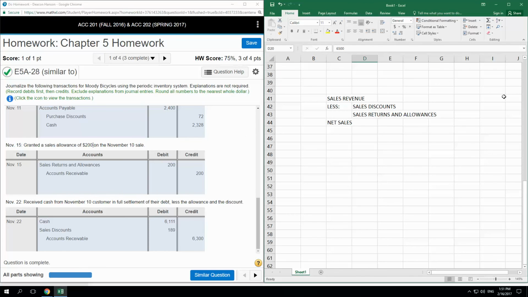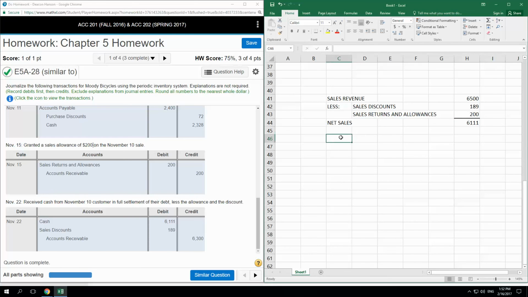But in this case, the way we would list it is, we would have our sales revenue of 65, and then it would be less the sales discount of 189, less 200 in sales returns and allowances. So your net sales would show as 65 minus, right, 611 would be your net sales.